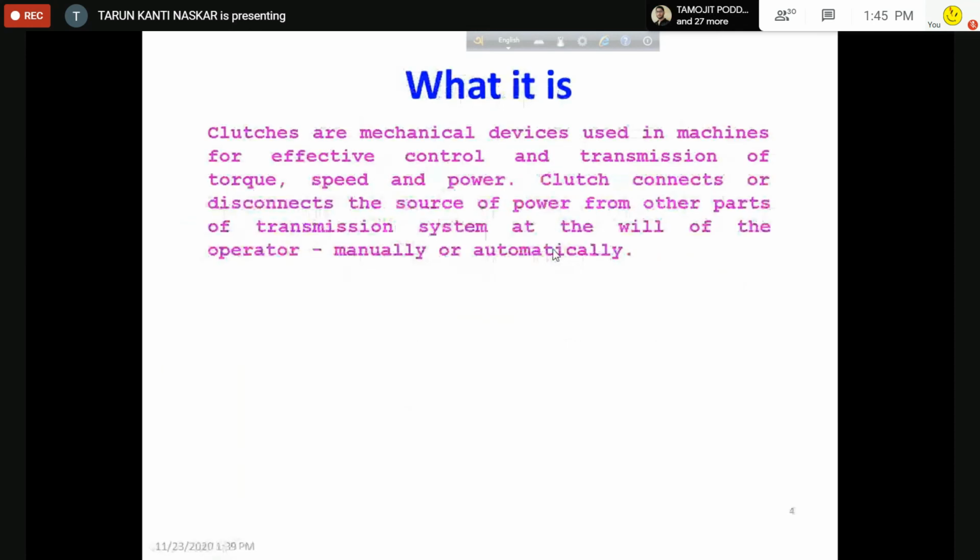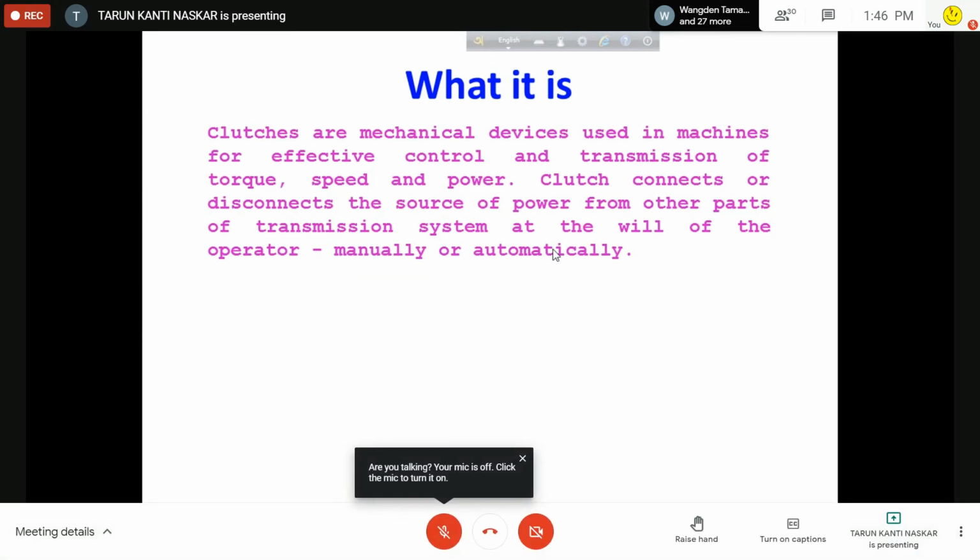Now again we look at the slide to see what it is. By definition, clutches are mechanical devices used in machines for effective control and transmission of torque, speed and power. So there is control, and at the same time transmission of torque, speed and power.